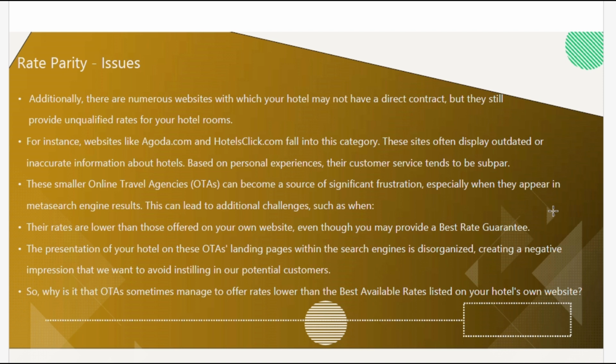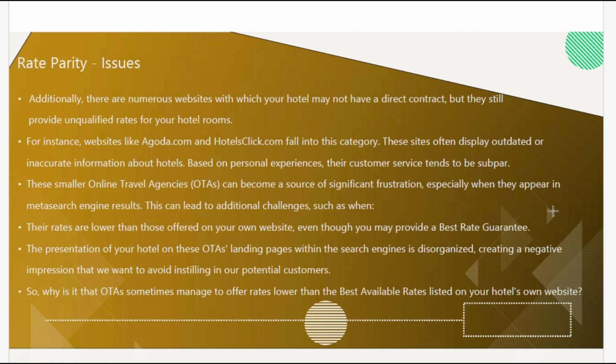If you search for a particular date, it will show you how much this hotel is selling on booking.com, how much on their direct website, how much on Agoda, how much on Expedia, etc. So if you have someone leaking the rates, for example Agoda or hotels click, they'll be showing lower rates than the rates on your website or booking.com.